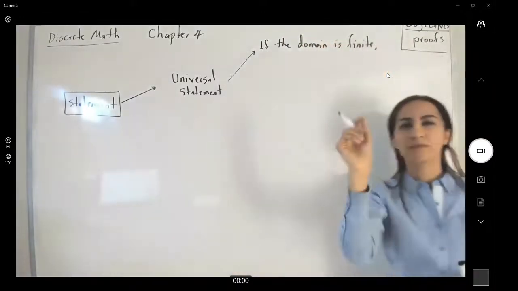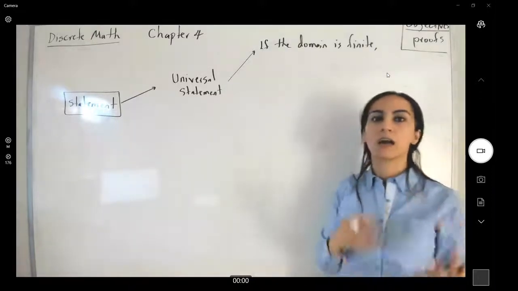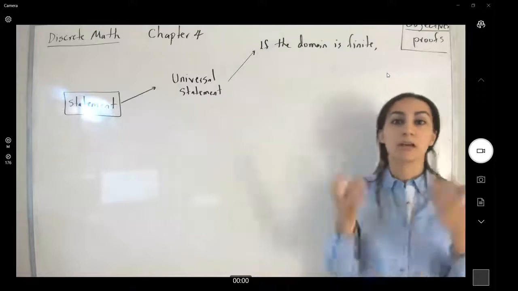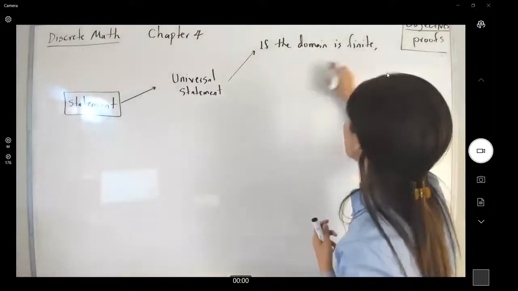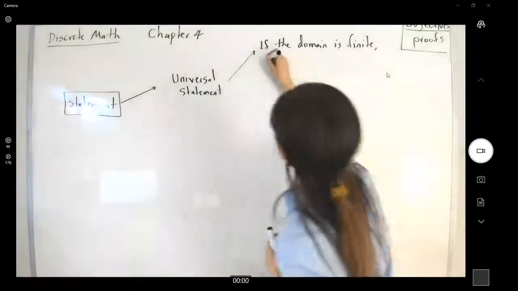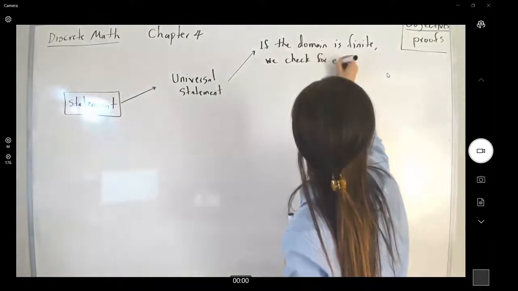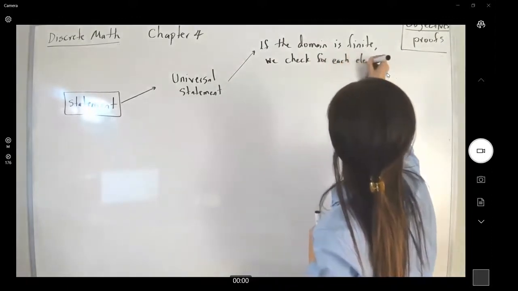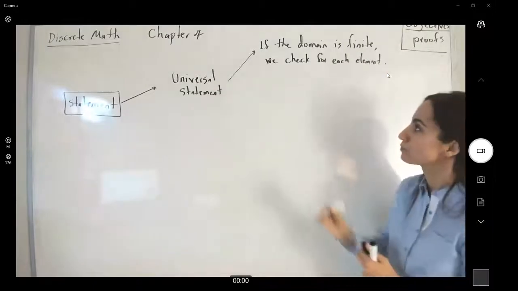it means that you have to take each element in the domain and check to see if that predicate is true for that statement. So if the domain is finite, we check for each element. Sometimes they call it exhaustion method.